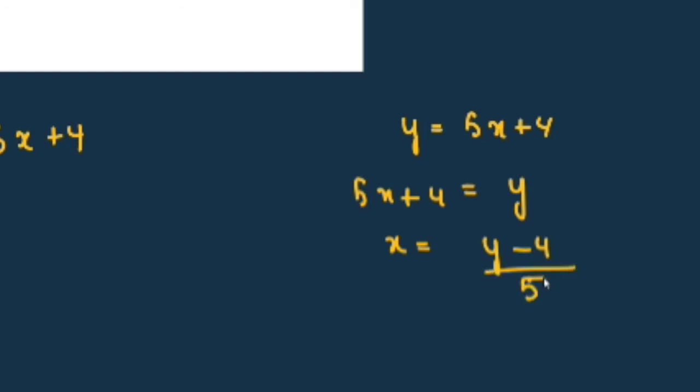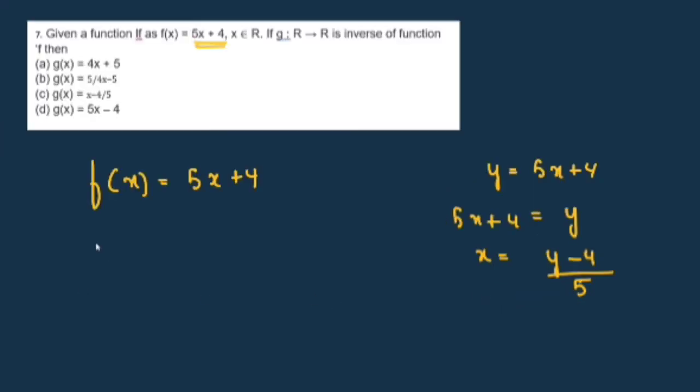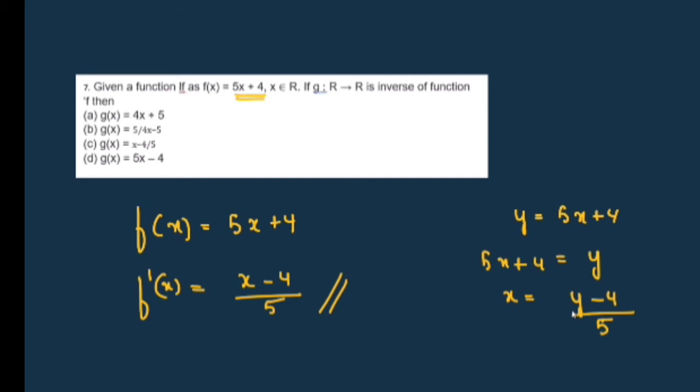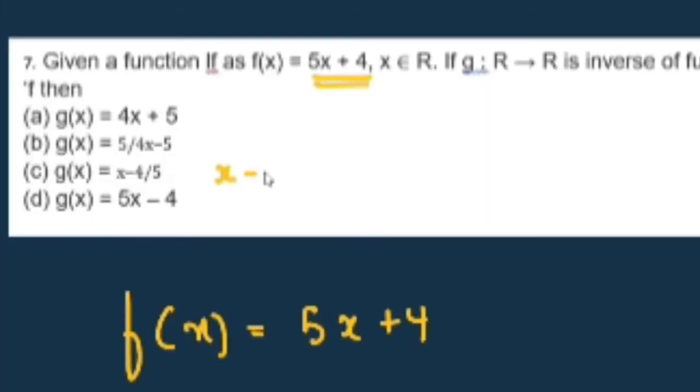This is actually the inverse function. If you want to write in terms of x, you just change this y as x. It will be (x minus 4) by 5. So this is how you find the inverse of a function: write x in terms of y, then write the final answer in terms of x. So this is the option, (x minus 4) by 5.